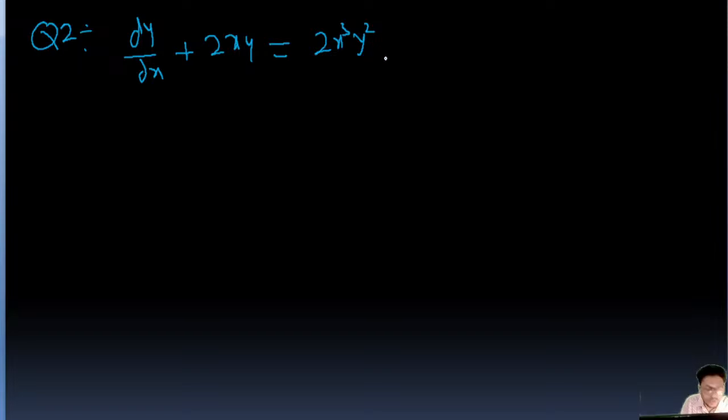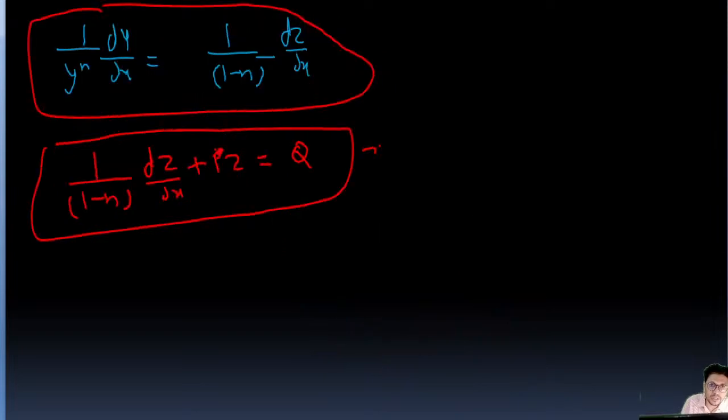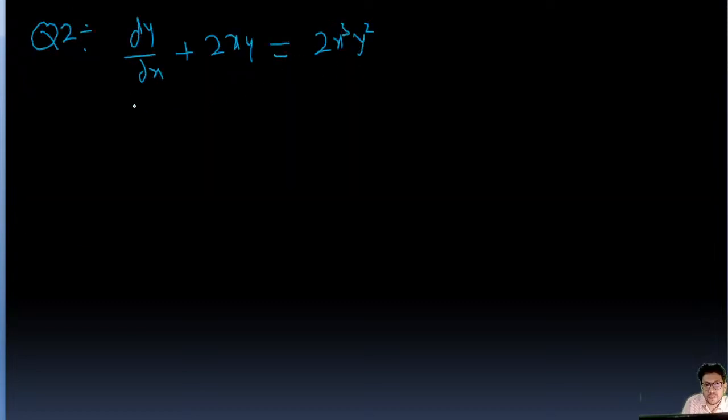Here you can see y to the power 2 is there. Like this, y to the power n, so n equal to 2 here. We'll just put this value of n here, and we'll directly get the equation. So we can write it like this: dy over dx into 1 upon y square plus 2x upon y, because y cancels y square, equal to 2x cube.